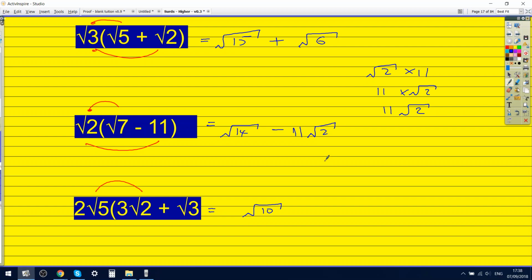You just multiply the 2 and the 3. Yep. Which is 6. Yep. 2 times 3 is 6. Root 5 times root 2 is root 10. 6 root 10. And second part.